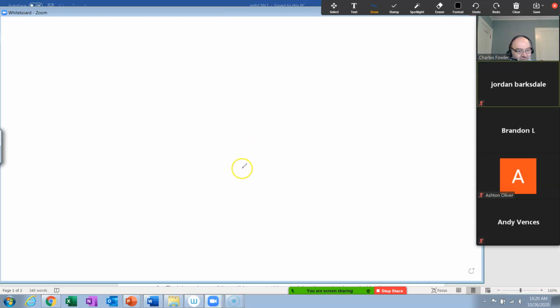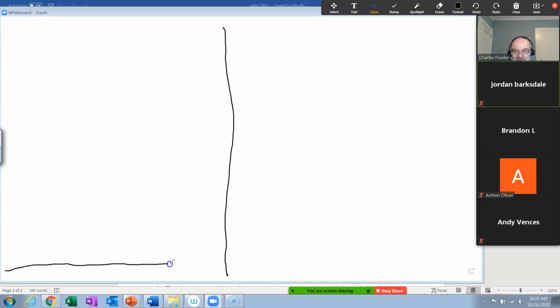Let's do my axes. Pretty ugly vertical line. Okay. All right. This is going to take some doing here.